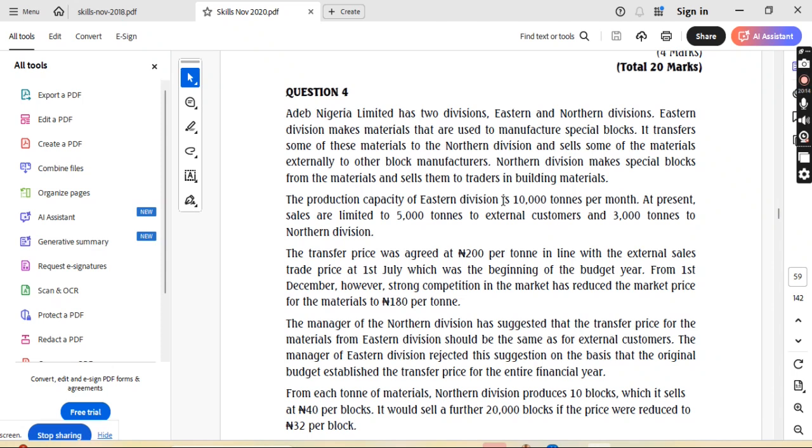So which means that the material being transferred to Northern division is in tons. Therefore, these tons will be converted by the Northern division to blocks. Then the Northern division will sell to external.